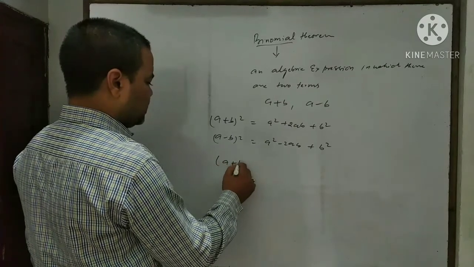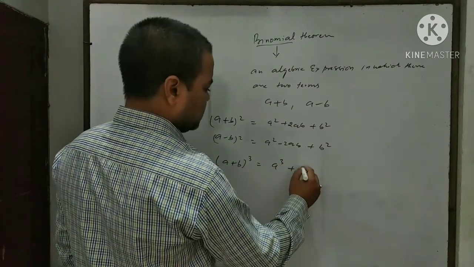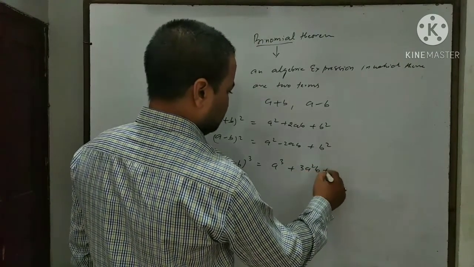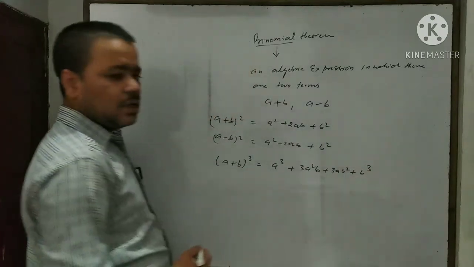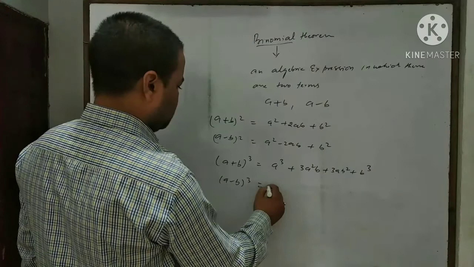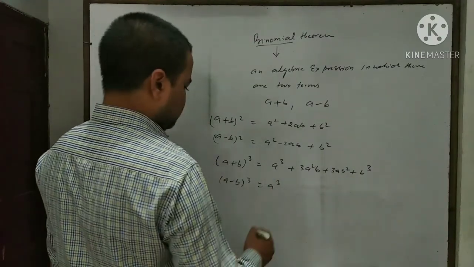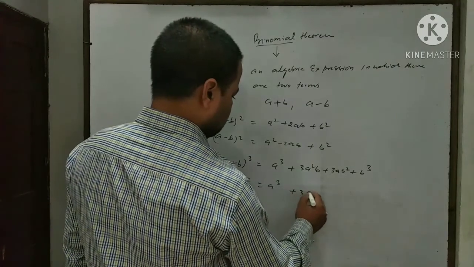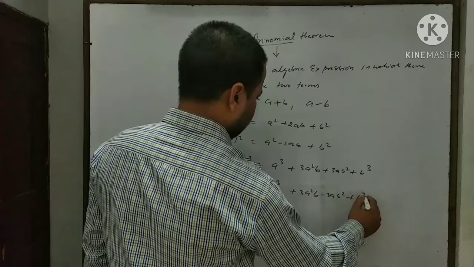Here, a plus b whole cube is equal to a cube plus 3a square b plus 3ab square plus b cube. Or we can write a minus b whole cube as a cube minus 3a square b plus 3ab square minus b cube.